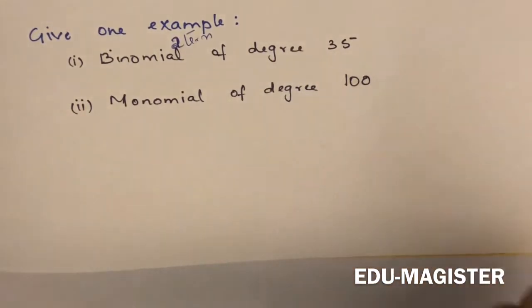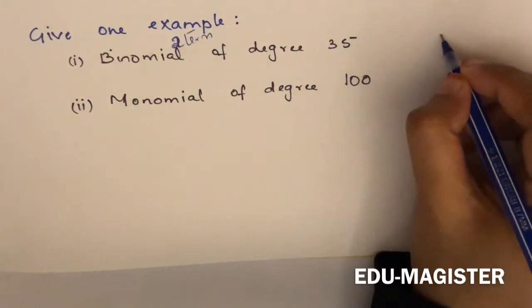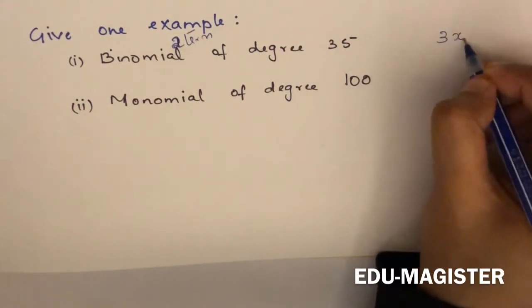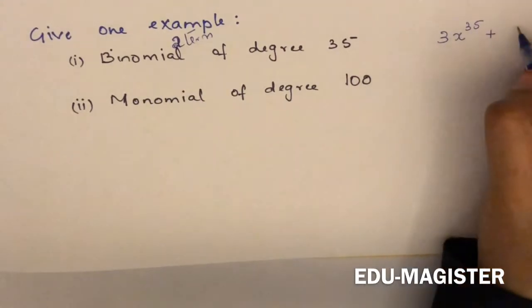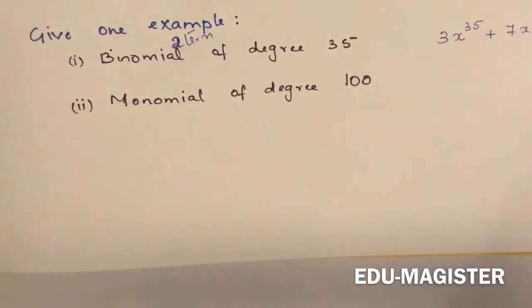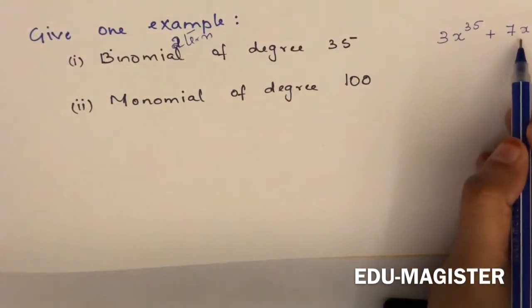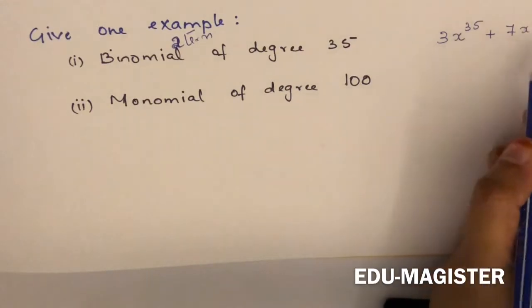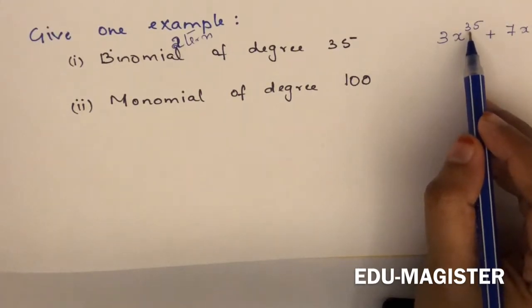I am just giving a random example. Let it be 3x raised to 35 plus 7x square. This is a binomial because it contains two terms, and the degree of this binomial is 35, because 35 is the highest power in the polynomial.